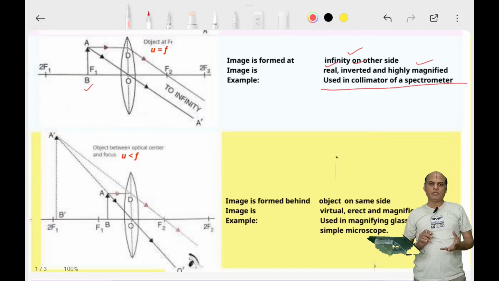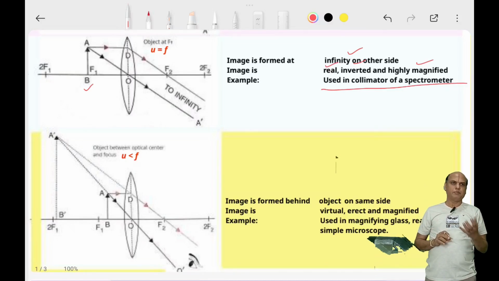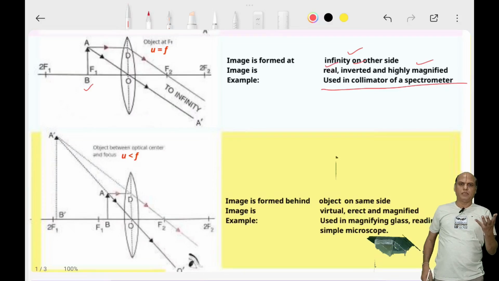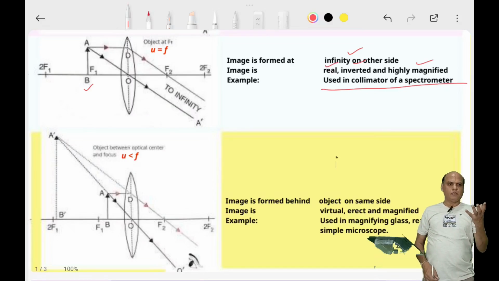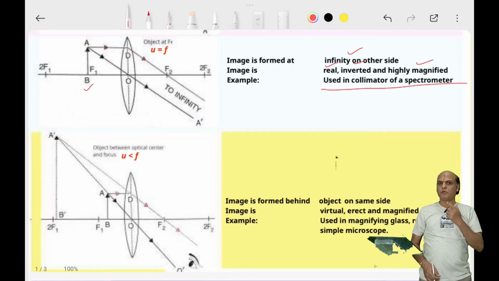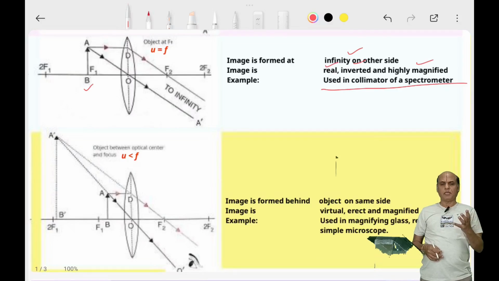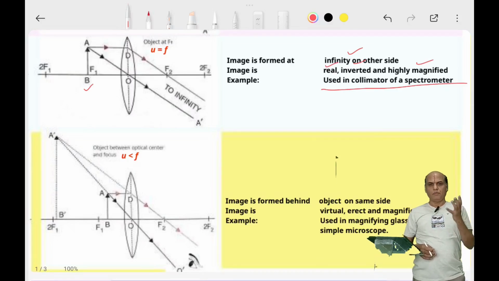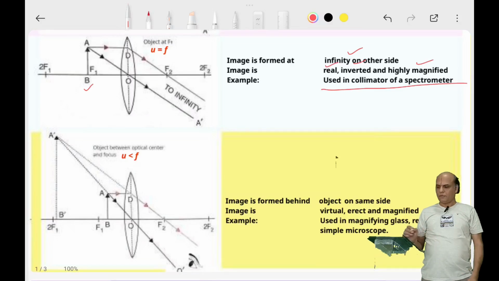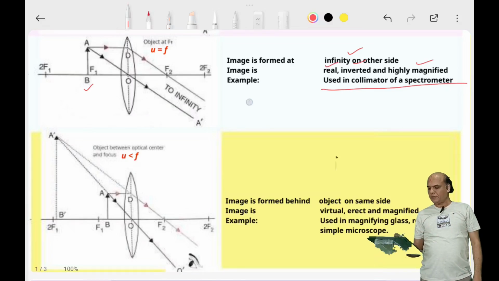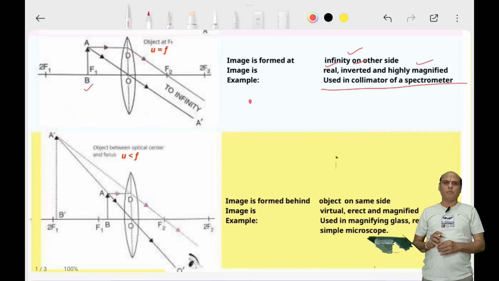A spectrometer is a device to analyze any spectrum, for example, a light spectrum. Light is made up of a spectrum of wavelengths from red to violet, VIBGYOR. To analyze such a spectrum, a spectrometer is used. The input to a spectrometer is a parallel beam from the source of the spectrum. But you won't get parallel incident rays from a point source.